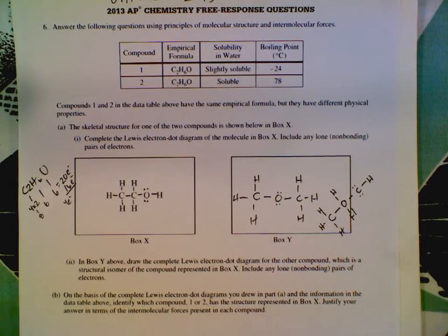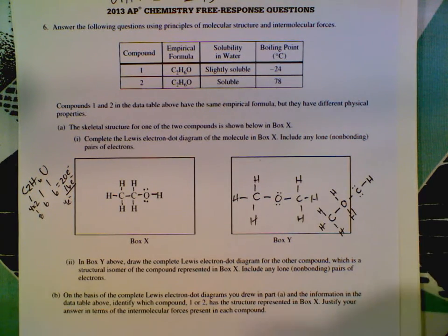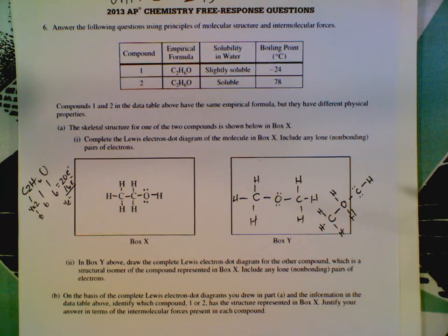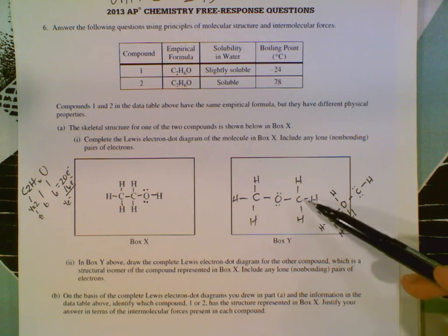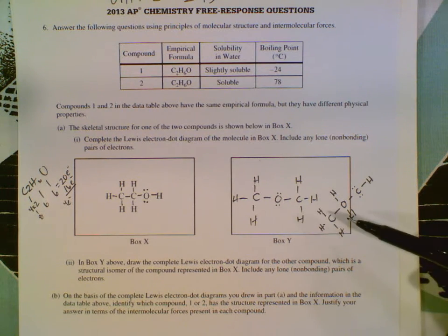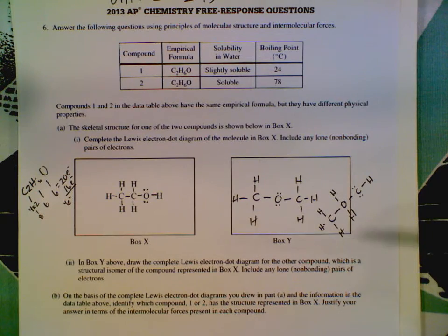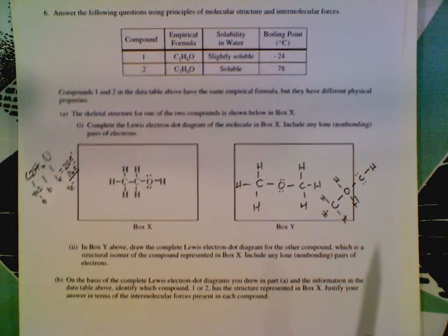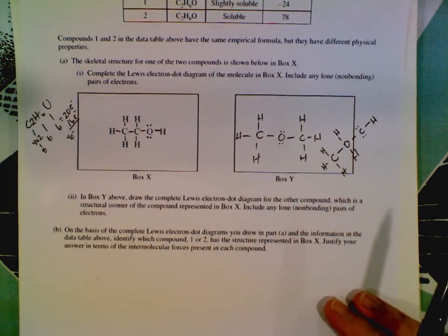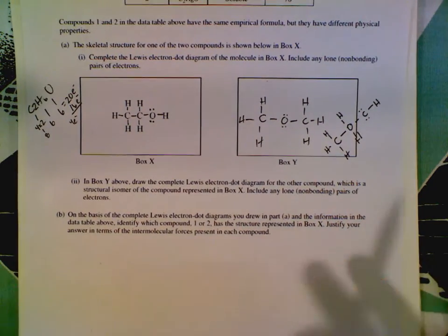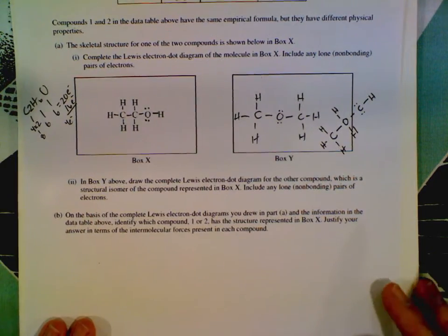As long as your Lewis structure follows the rules, so everything has 8 around it and you don't have more electrons than you're supposed to, you are going to get that point. So even if yours doesn't match 100%, the AP graders are trained to accept a ton of different answers. I think I've seen it one time where there were 7 possible correct Lewis structures that you could draw, so they're trained to look for everything.